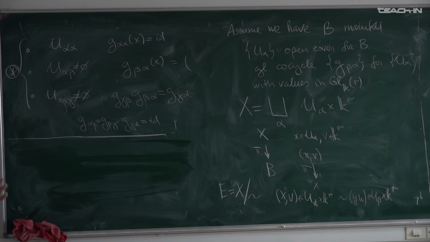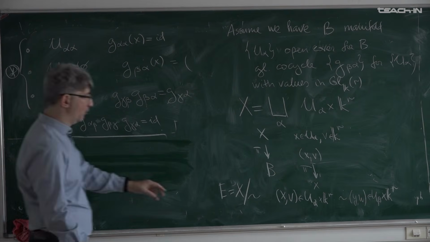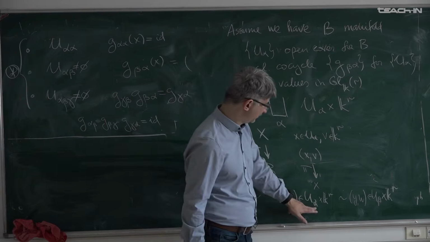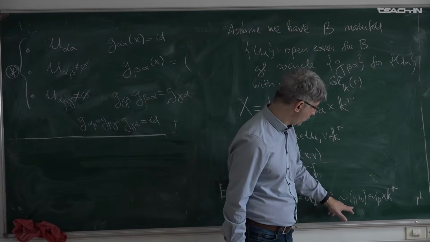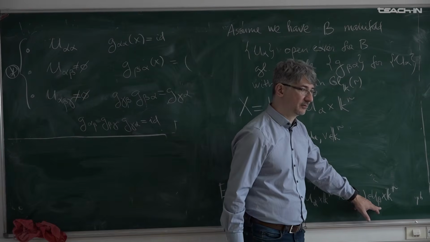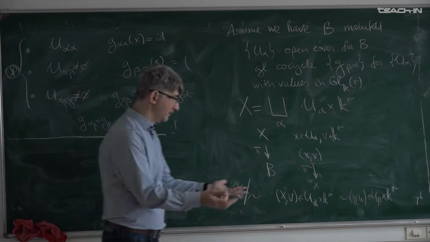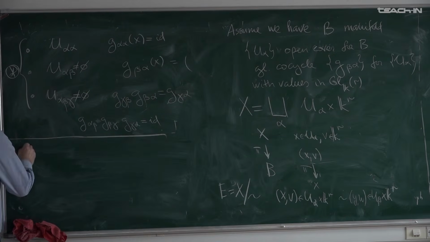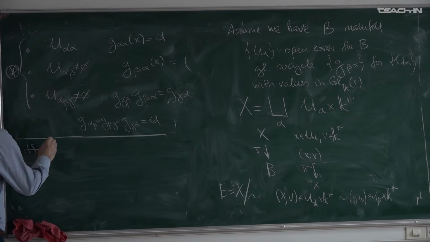Now I want you to tell me what the equivalence relation is. The point (x, v) should be equivalent to the point (y, w) in this direct product if and only if... Tell me, please.